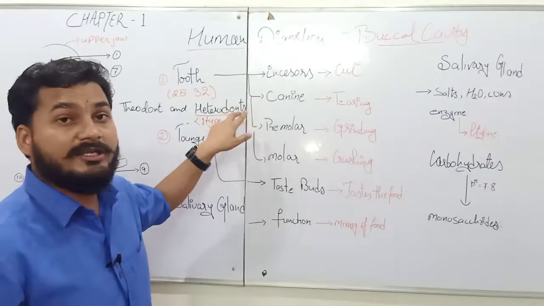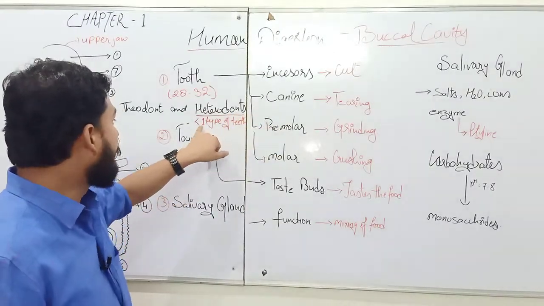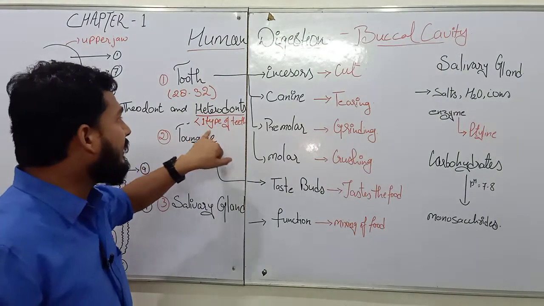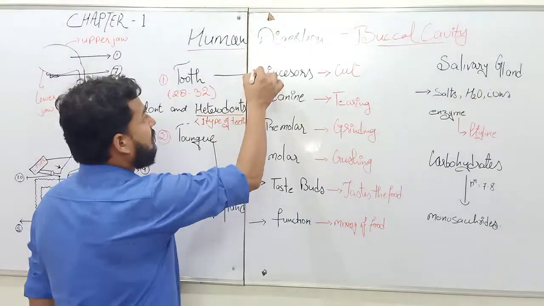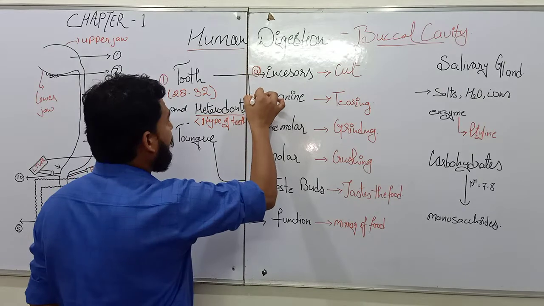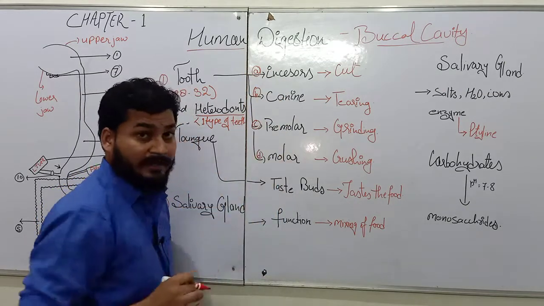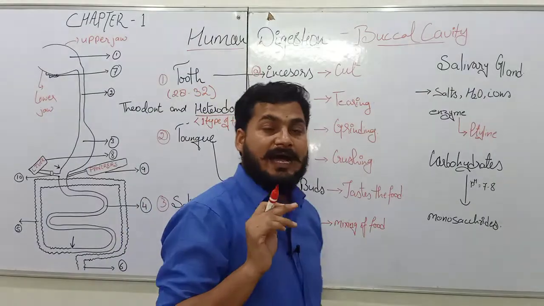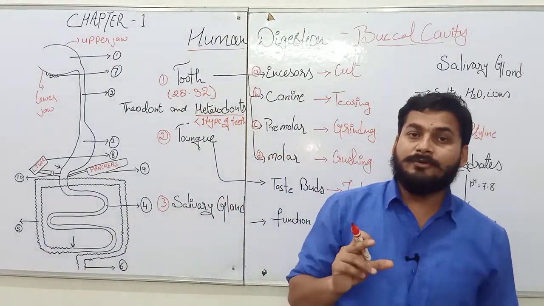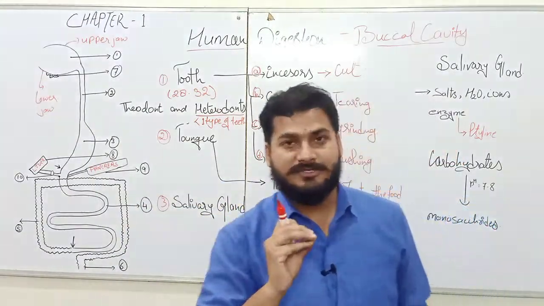H-E-T-E-R-O, hetero, D-O-N-T-S, heterodonts. Because humans have more than one type of teeth, and humans have 4 types of teeth: A, B, C and D. And these 4 types have their own peculiar feature or function.